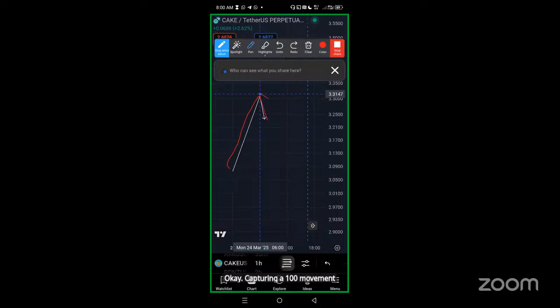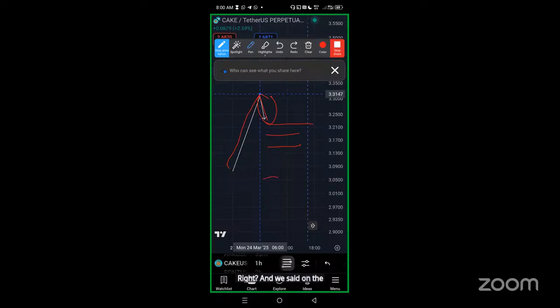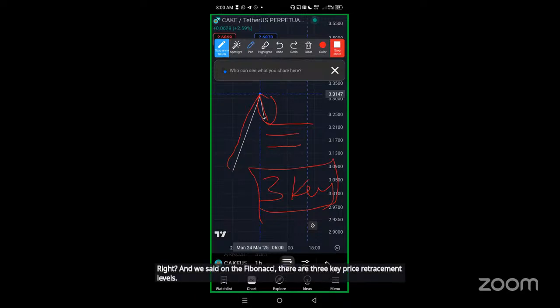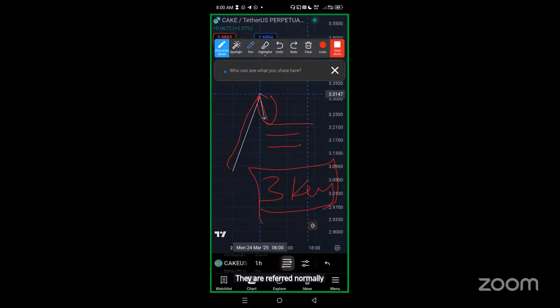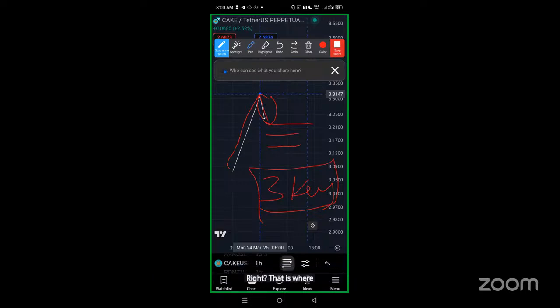And if it should retrace, it must retrace to specific price reaction levels. On the Fibonacci, there are three key price retracement levels. They are normally referred to as the golden ratios. So those key Fibonacci levels are the areas you focus on if the price is retracing. That is where you actually focus.